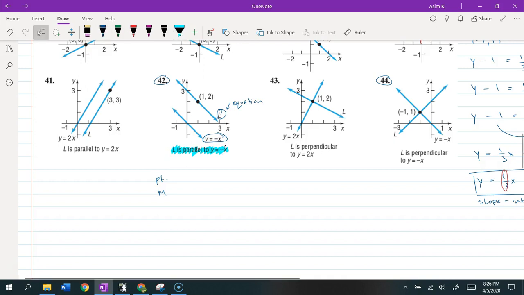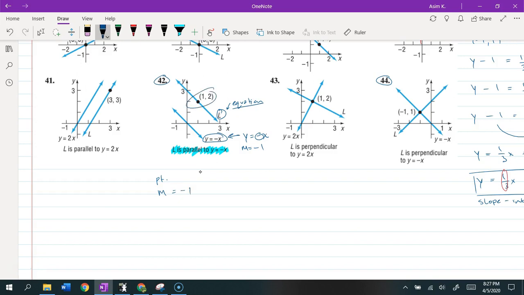And so we talked about this in the lesson earlier, if you have a line that's parallel to another line, they're going to have the same what? They're going to have the same slope. So you just got to look at this equation and be like, well, if that's y equals -x, then the slope of this other line must be -1 because it's mx plus b. So that means because our line is parallel to the other line, our line must have the same slope.